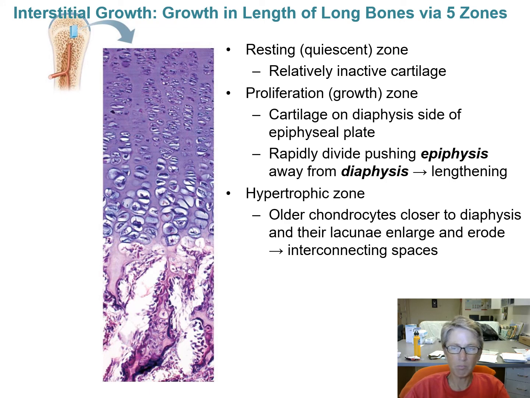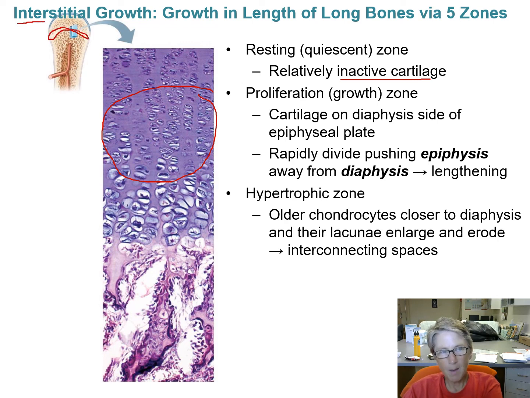Okay, just a couple more details. The resting zone is relatively inactive cartilage, so these cells are not growing and dividing. Proliferation zone here: the cartilage on the diaphysis side of the epiphyseal plate. So let's check that out. Here's the epiphyseal plate.